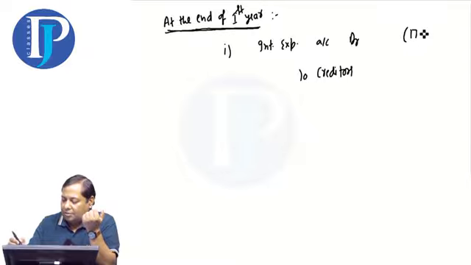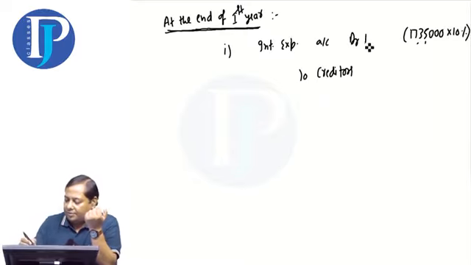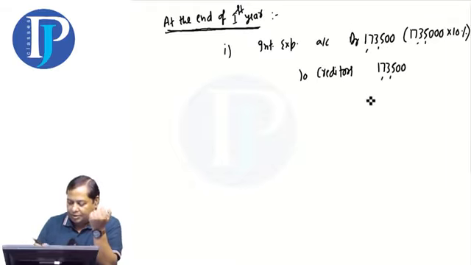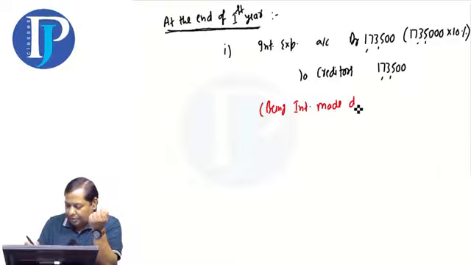So 17 lakh 35,000 rupees that I have recorded initially, you will be charged 10% interest on this according to market rate. 17 lakh 35,000. Being interest made due.